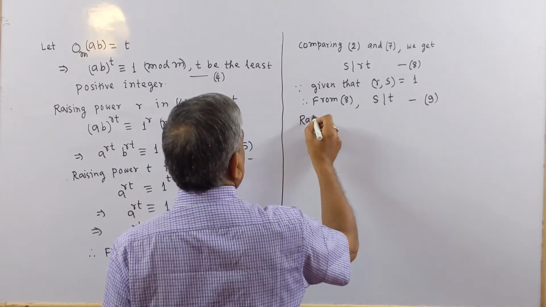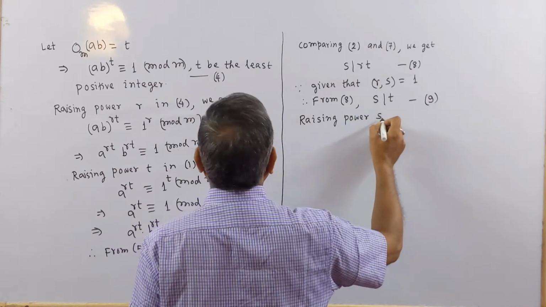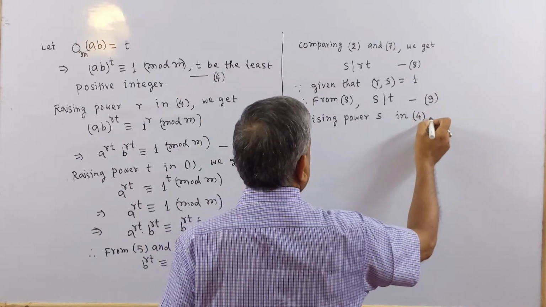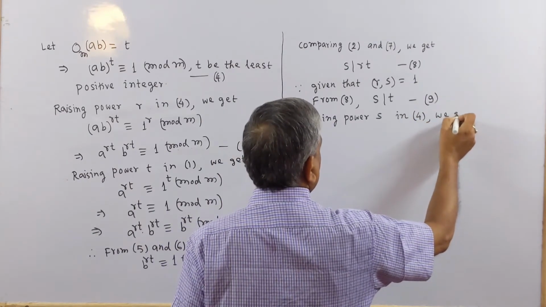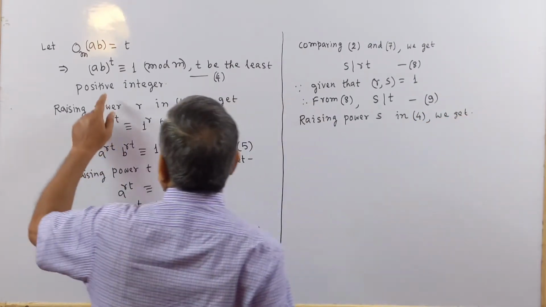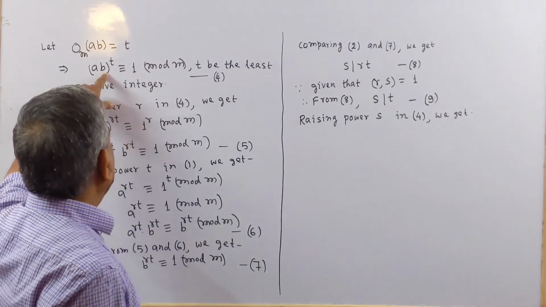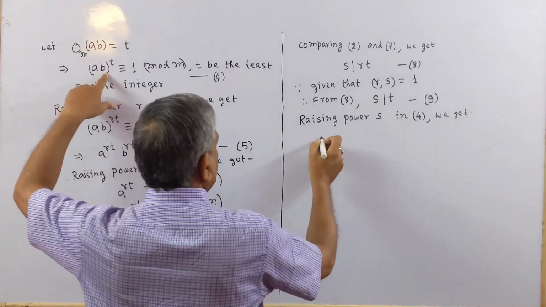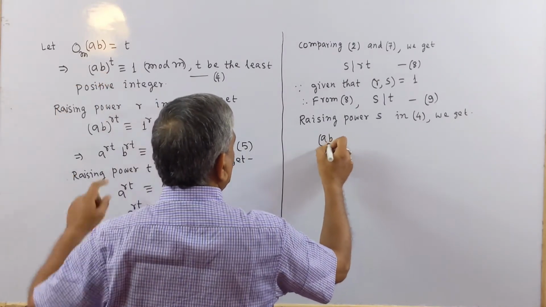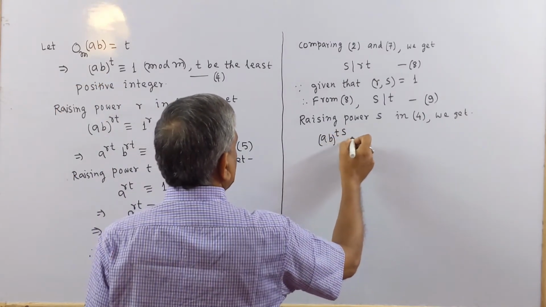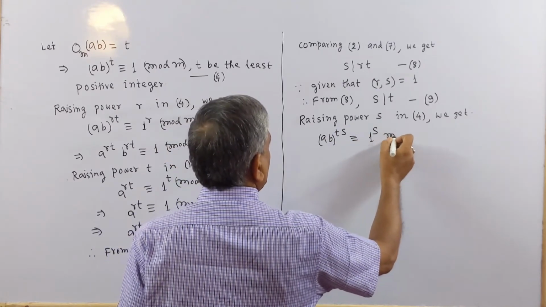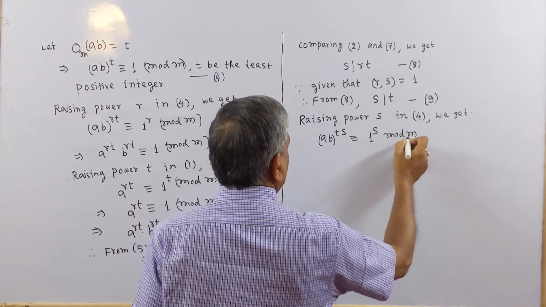Raising power s in 4, we get ab to the power ts is congruent to 1 to the power s modulo m.